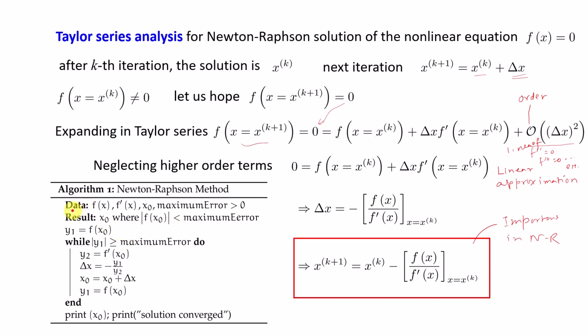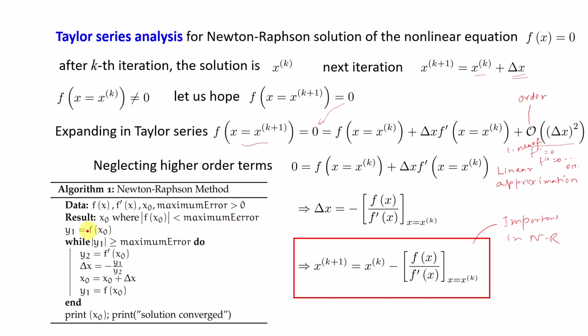Here you see that the input for the Newton-Raphson method is f of x and f prime of x. These are basically algebraic expressions. Then x naught, the initial guess, and a maximum error value, a positive real number where we will stop the iteration. The result will be x naught, where the absolute value of f of x naught will be less than the maximum error.